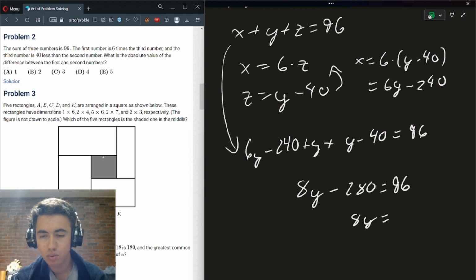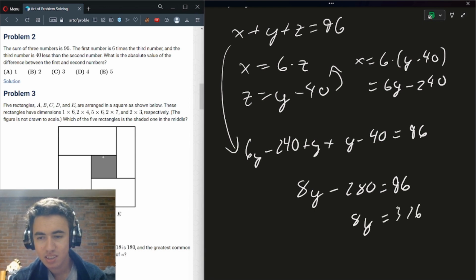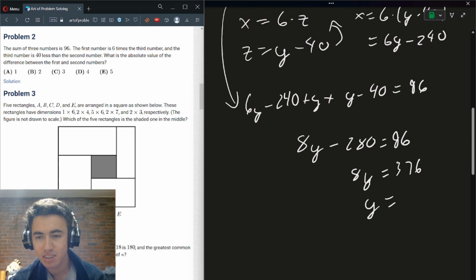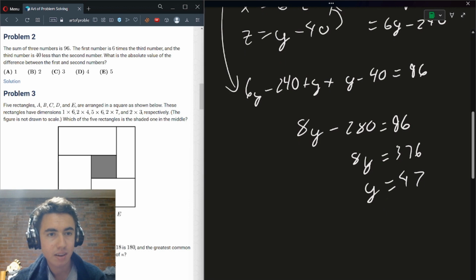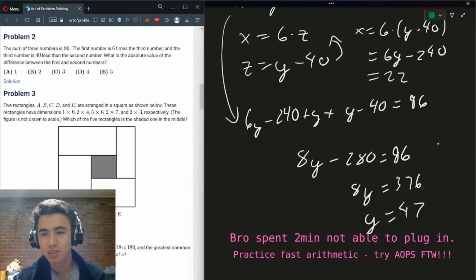8y is equal to, it is good to be good at mental math for AMC. Unfortunately, I am not. 376, right? 376. And finally, we're going to divide. And we should get y is equal to, let's see, 8 is in 37, 4 times, and then 7. We should get 47. Now we have to get the rest, right? So now we have y, and now we can just plug that into this equation for x.